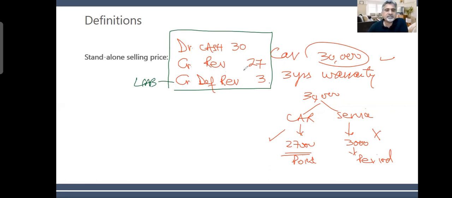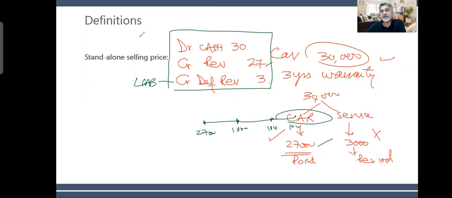You will provide the service within 3 years. So at the end of every 1 year, you will record 1,000, 1,000, and 1,000 revenue. Here you will only record 27,000 because 2 things were there, car and service. Car was delivered and the revenue related to the car should be recorded, 27, just like I recorded. But this is the service for the next 3 years.